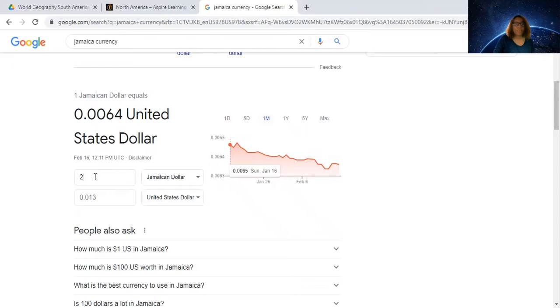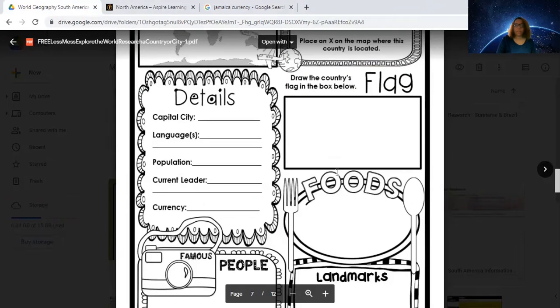Oh, look, see, so 200 Jamaican dollars is basically $1.25 in the US. So that might be interesting for students to kind of get that concept too, the difference between the currencies. And yeah, so there's that.